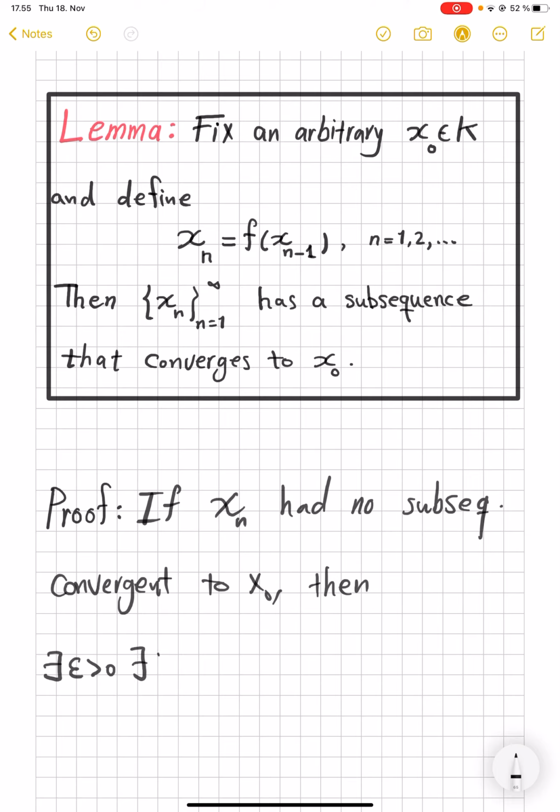There would exist a capital N, which I call a cutoff, such that for every n, if it's bigger than capital N, then the distance of xn from x0 is at least epsilon. So that means the tail of the sequence beyond the cutoff N never comes close to x0.